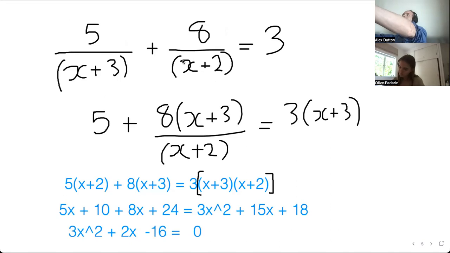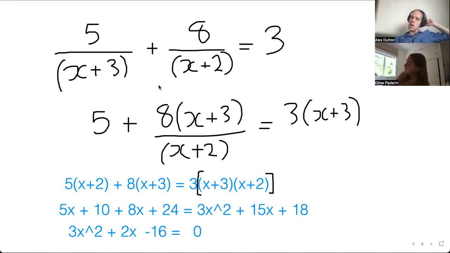Yeah, 2 works. Okay. So then, yeah, 2 will work in that case.